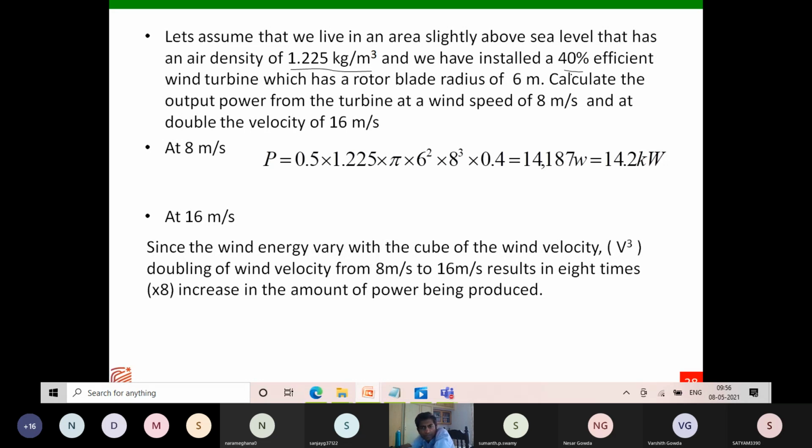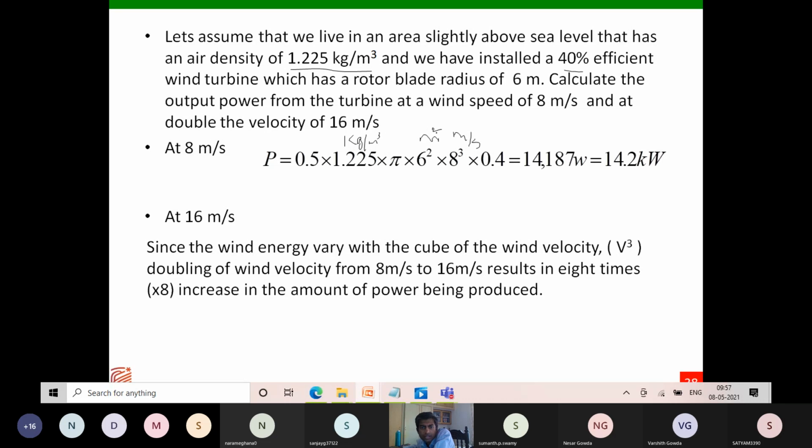So here there is a sample equation. 1.225 is in kg per meter cube. I want you guys to do this problem. 6 is the radius in meters, and 8 is the velocity, meters per second. 0.4 is the coefficient of power.